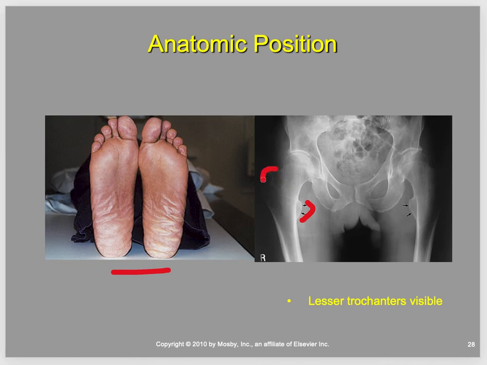We're seeing our greater trochanter. So this is an anatomic position where the lesser trochanters are visible. Normally they want these feet turned in 15 to 20 degrees to completely hide that lesser trochanter and better visualize that greater trochanter. Okay?